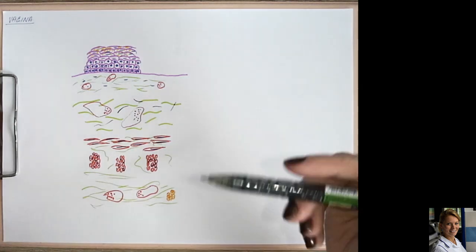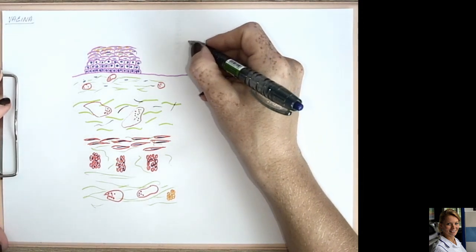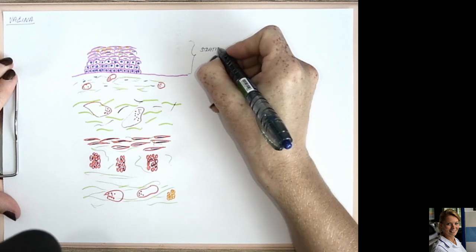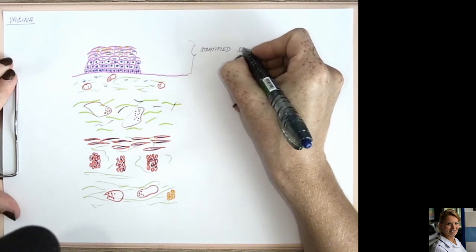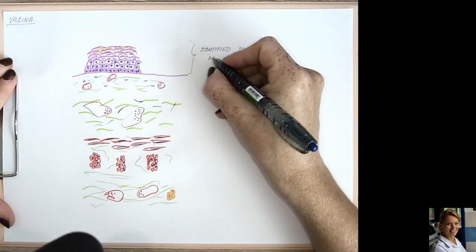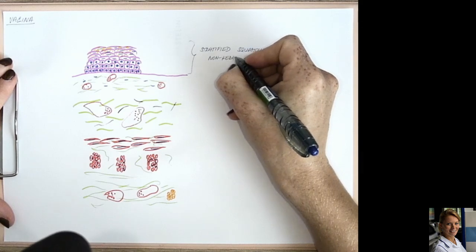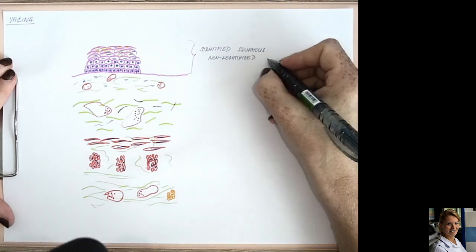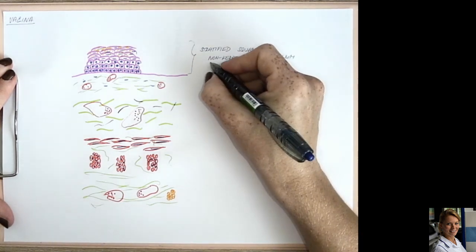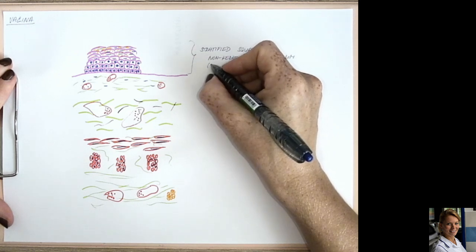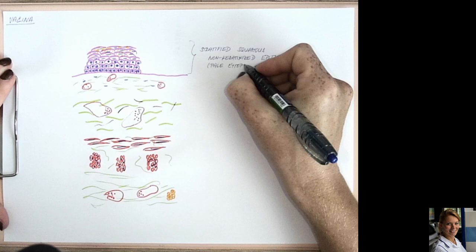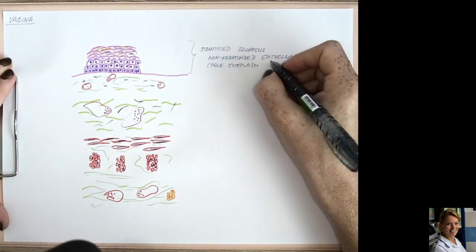So now we label the scheme. The first layer, it's epithelium, stratified, squamous, non-keratinized, and the cells have pale cytoplasm due to glycogen.